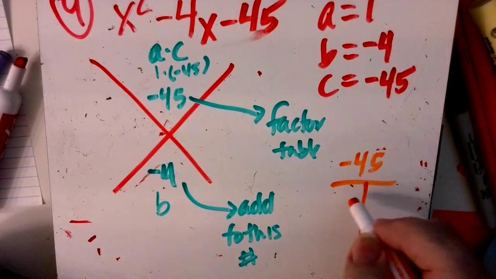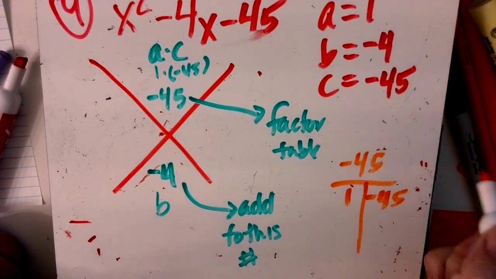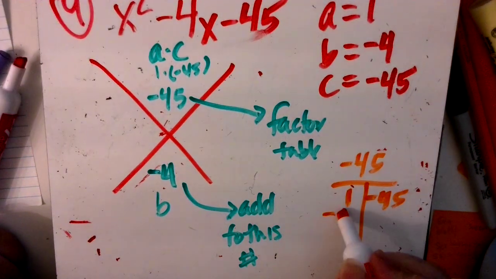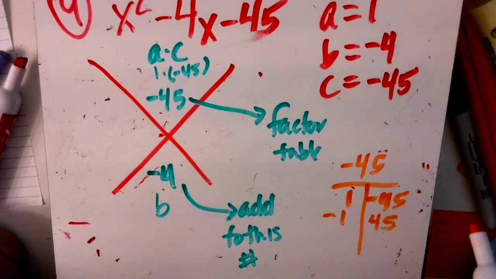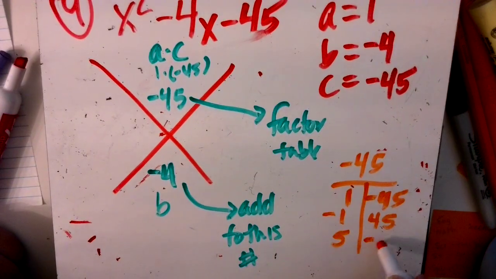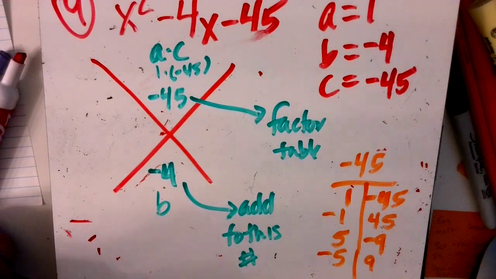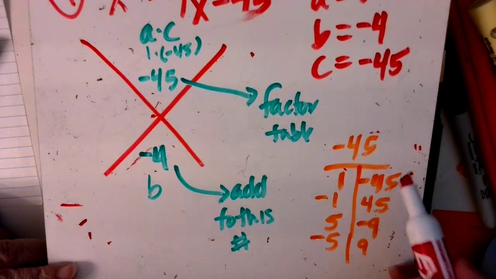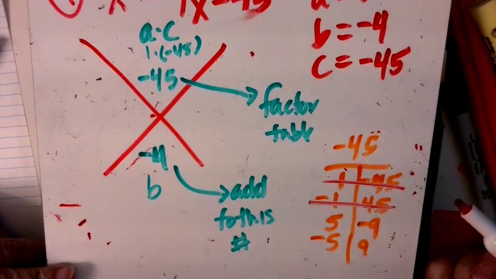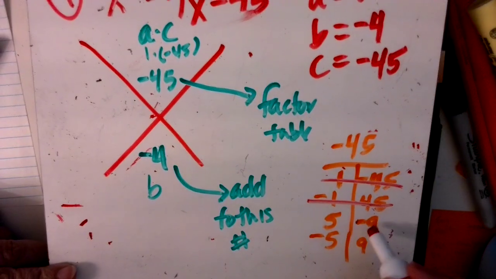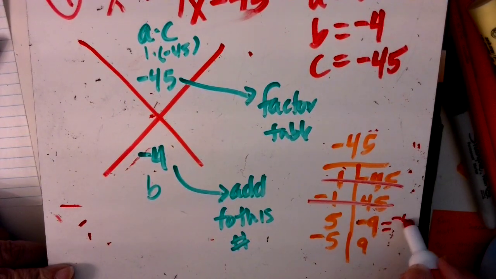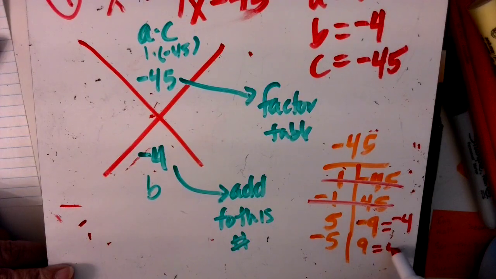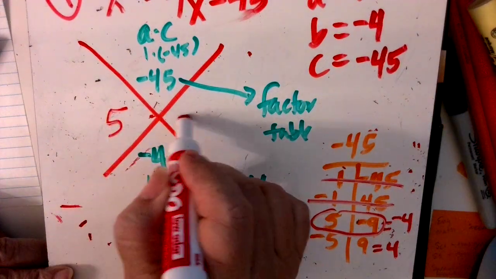I have 1 times negative 45 is negative 45, but also negative 1 times positive 45. 5 times negative 9 is negative 45, and then negative 5 times positive 9 is negative 45. Now I'm going to add across, see which ones add to negative 4. Well, I know these are not those. So 5 plus negative 9 ends up being negative 4. This bottom one ends up being 4, so we don't want that one. So here are our numbers, 5 and negative 9.